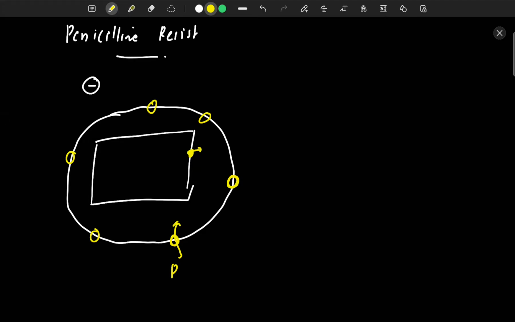So the gram-negative organism decreases porin production, as done by Pseudomonas, and there will be penicillin resistance.